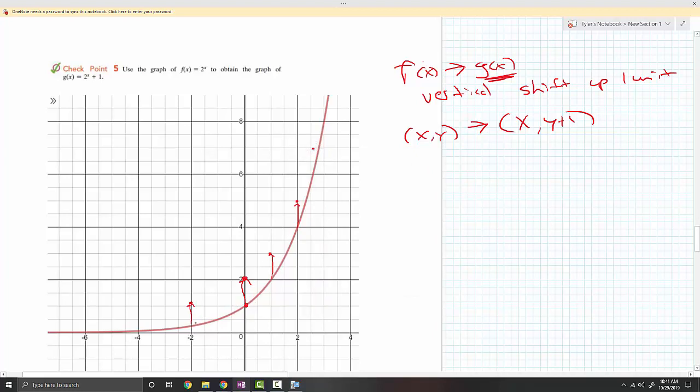And so forth. So that means this horizontal asymptote will also get shifted up 1 unit. So the horizontal asymptote at y equals 0 will now be at y equals 1.